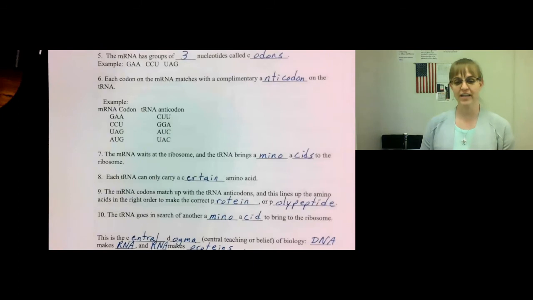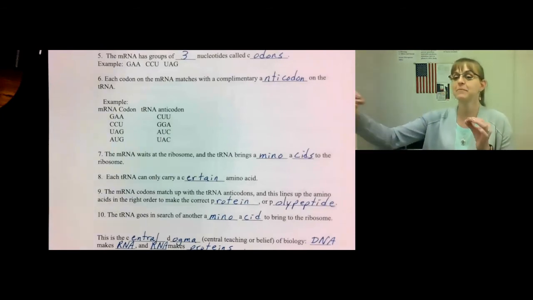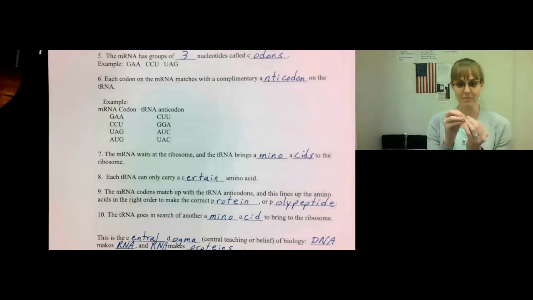The messenger RNA waits at the ribosome, and the transfer RNA brings the amino acids to the ribosomes. Remember, amino acids are the building blocks for proteins. Each transfer RNA can only carry one certain amino acid. They can't carry any of them, just this one.